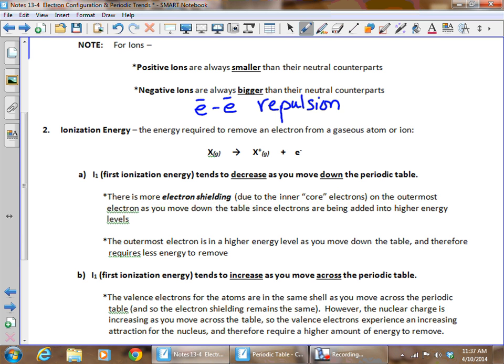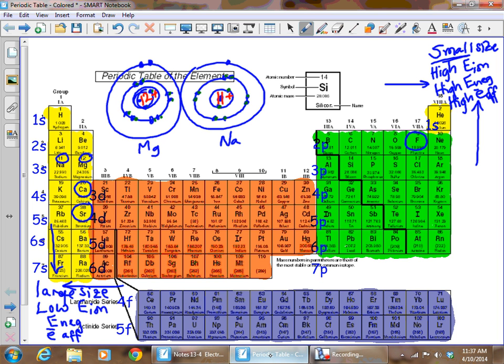Now, ionization energy. Ionization energy is the energy that it takes to remove an electron from a gaseous atom. So we talk about it in terms of I1, which is the energy to remove the first electron, I2, the energy to remove the second electron, etc. As you go across the periodic table, the energy required to remove that first electron increases.